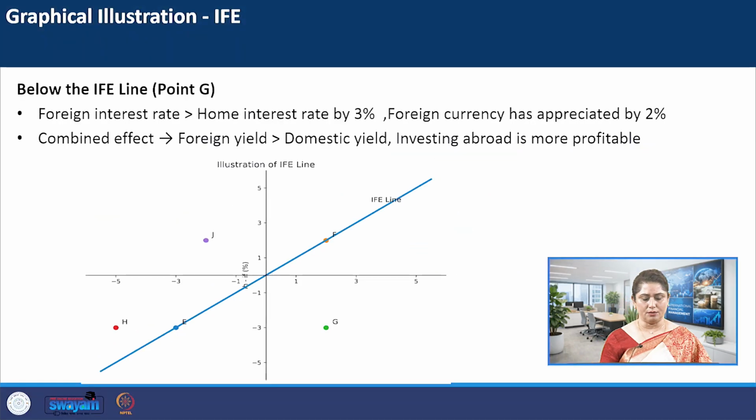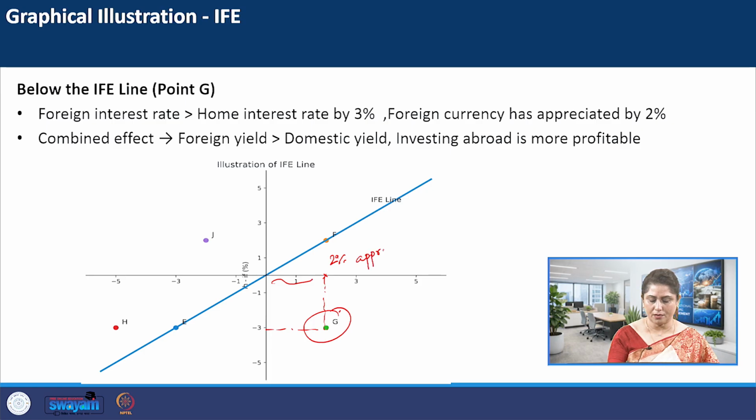Let us look at the point G. Now here if we see this axis and this axis, we will find that the foreign currency has appreciated by 2%. This is the appreciation, and this is the percentage change in the value of foreign currency.